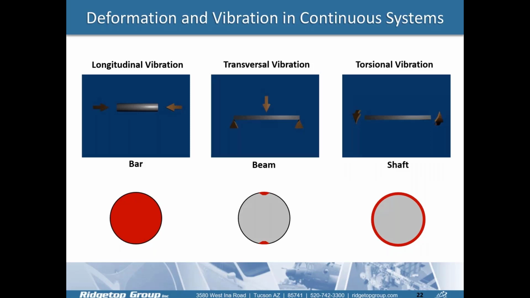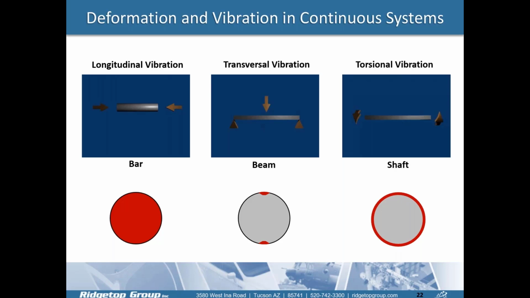So far, what I explained was the common method for collecting the data and the common method to analyze the data. But before I start talking about what we have done, I will go through deformation and vibration in continuous systems, just a very short classification of what types of vibration we have.